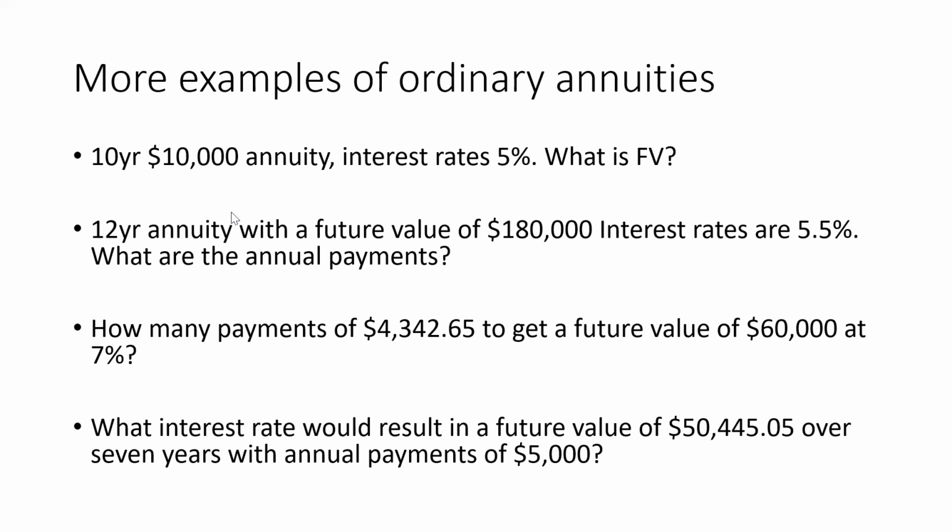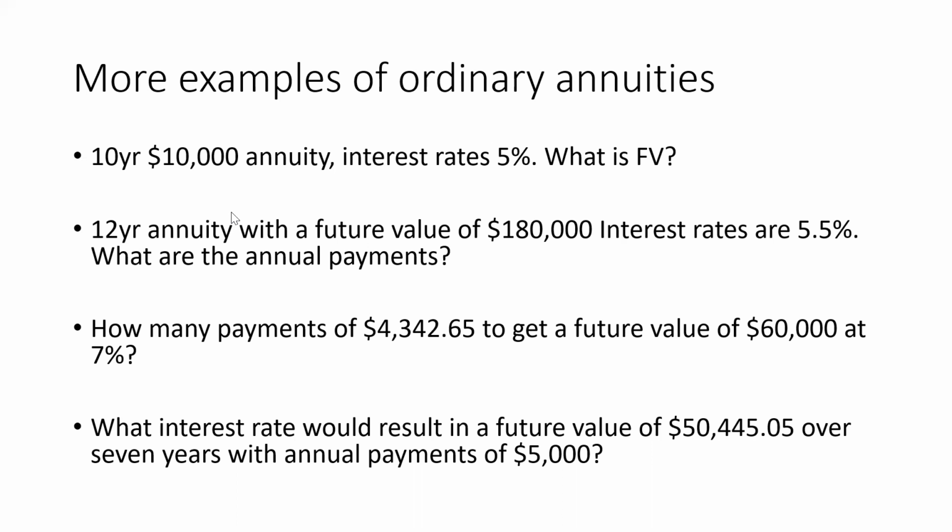Top one, 10-year, $10,000 annuity, interest rate of 5%. What is the future value? Let me correct myself. Since we're doing ordinary annuities, we're going to be using payments. So in this example, present value is going to be 0.